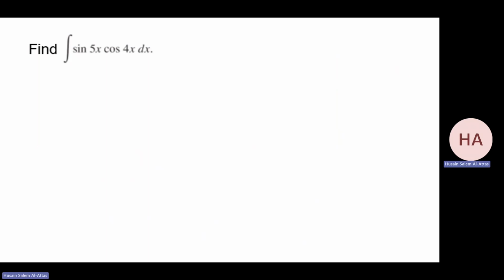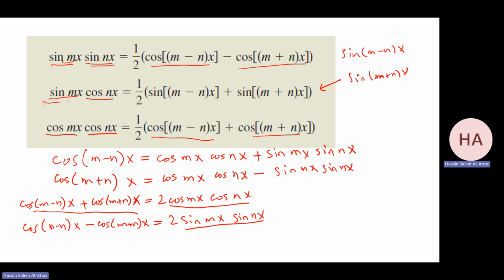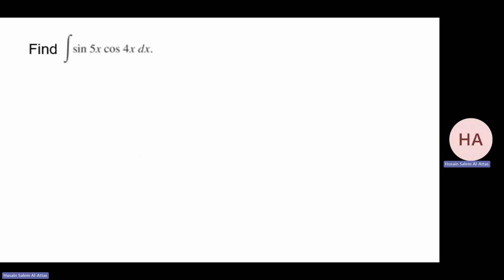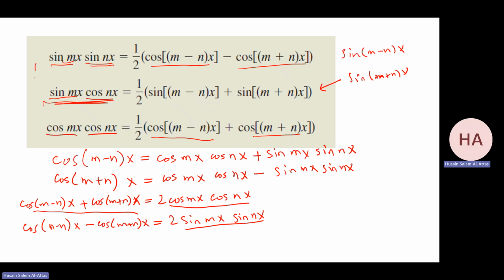Okay, let us do it. I have sine cosine. When I have sine cosine, I need to use this. So it will be half of sine the difference plus sine the sum. This is m and this is n. Before I do any integration, I'm just rewriting this expression using these formulas.